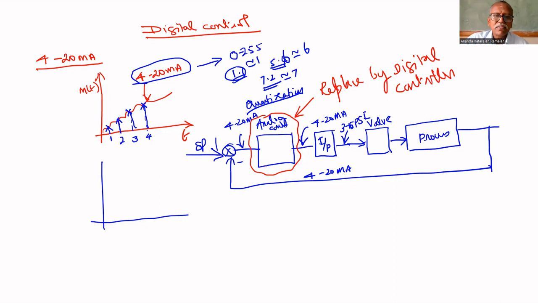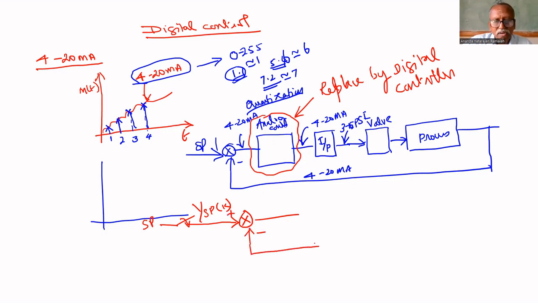If you replace this by a digital controller, then the input must be a digital value. That's why the set point, y set point of k, must also be a digital value. The feedback also must be a digital value.